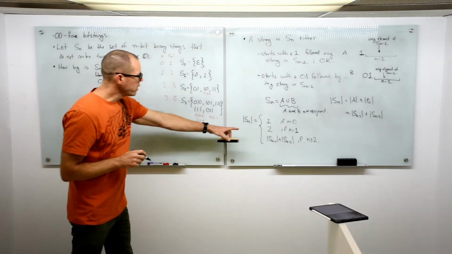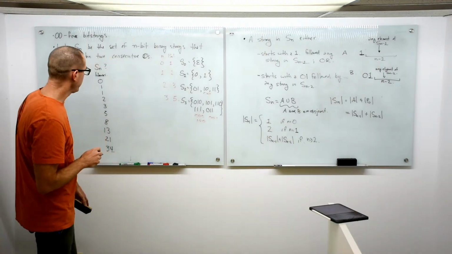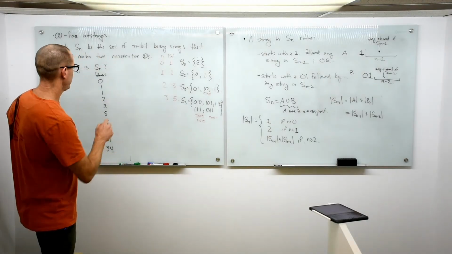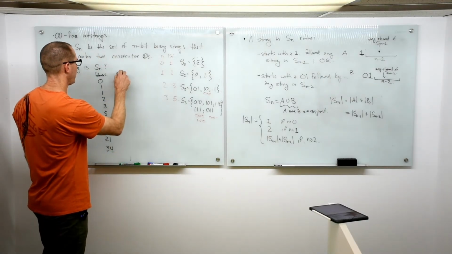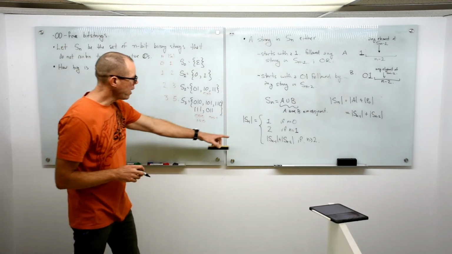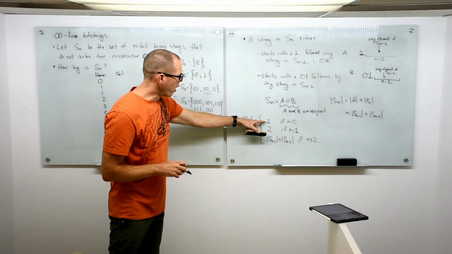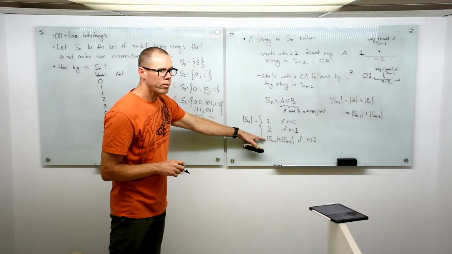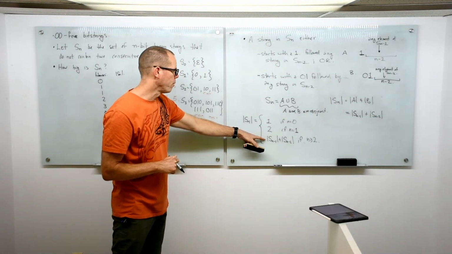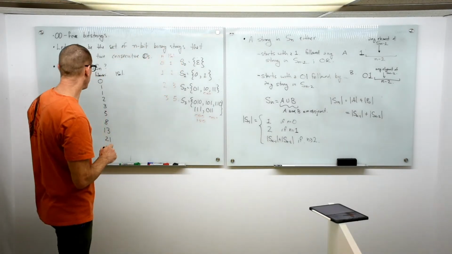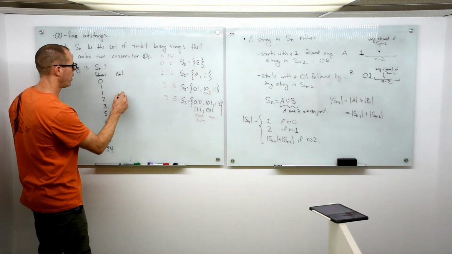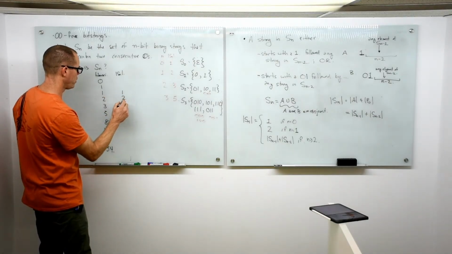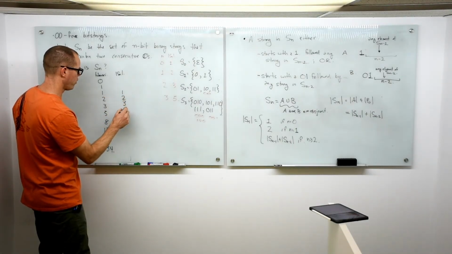And our sequence here, Sn, so we'll write down Sn. It starts with a 1, then it has a 2, and then it has this formula, which is just like the Fibonacci formula. So our sequence that we're studying right now starts with a 1, starts with a 2, and then it's the Fibonacci formula.